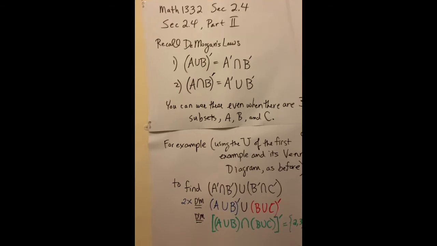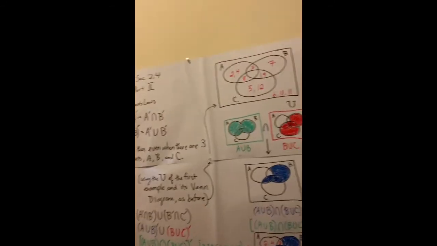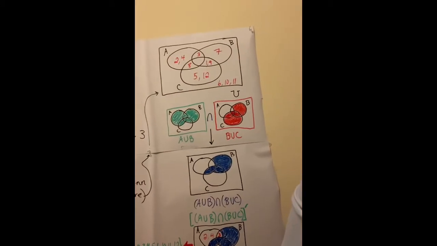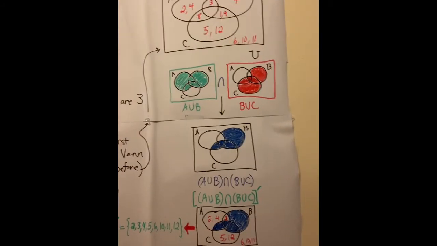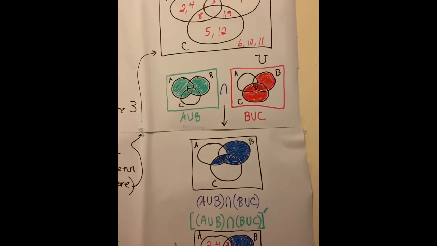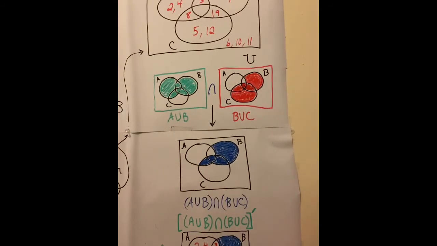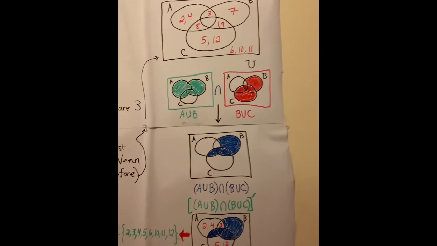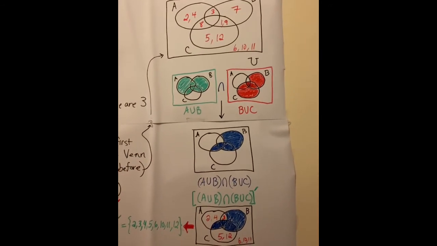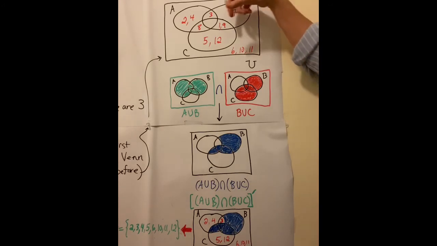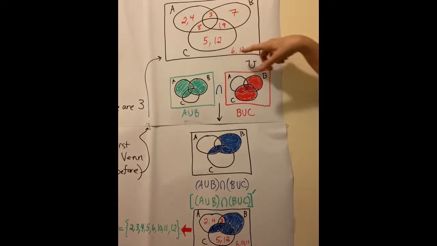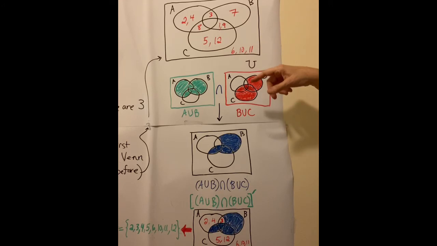So if we go back to the Venn diagram that we had in the first part of this 2.4 video, you should be able to see all the way down to here. Okay, so there's that same universal set with A, B, and C, and these numbers 1 through 12 distributed as in the first part of the video.